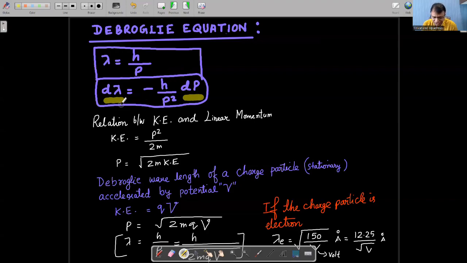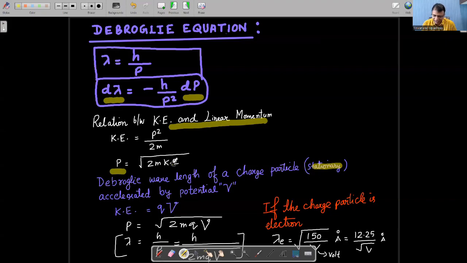The second point, which is very important, is the relation between kinetic energy and linear momentum of a particle. So we know that kinetic energy can be written as p square upon 2m. From there we can write that linear momentum is equal to under root 2 times mass of the particle into kinetic energy of the particle. Now if this particle is a charged particle and it is accelerated in electric field, and initially the particle was stationary, then the kinetic energy gained by the particle is equal to Q into potential difference applied.